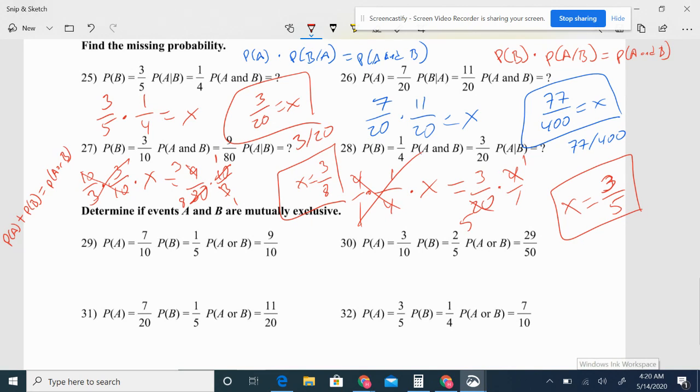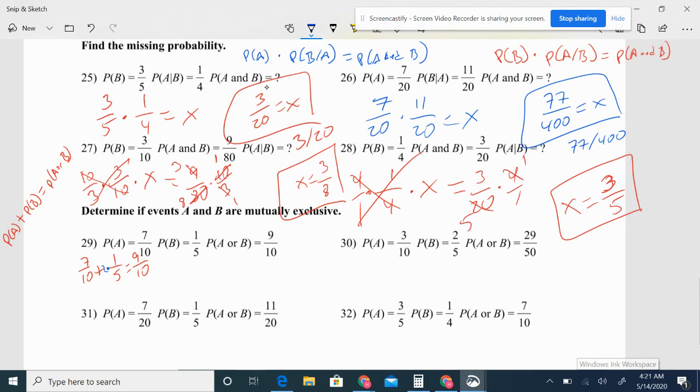So I have that 7 over 10 plus 1 over 5 equals 9 over 10. I want to have a common denominator. When I'm having my fractions to have the same number at the bottom, I'm going to multiply my second fraction by 2. I'm going to multiply top and bottom by 2.